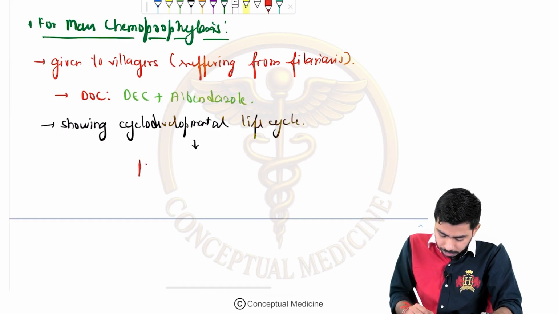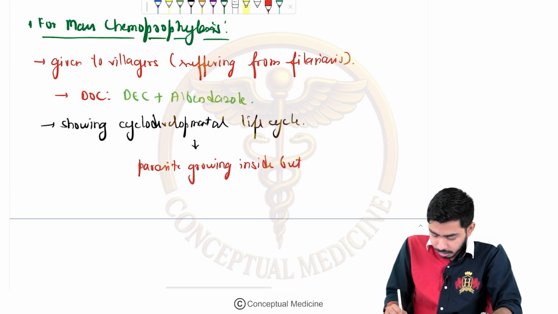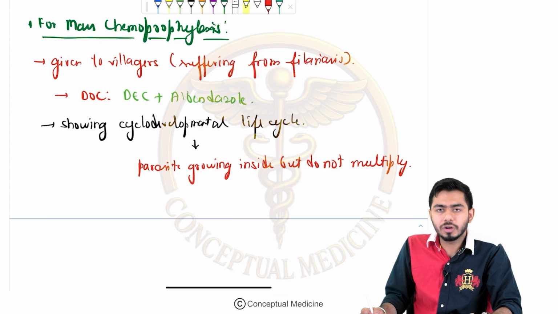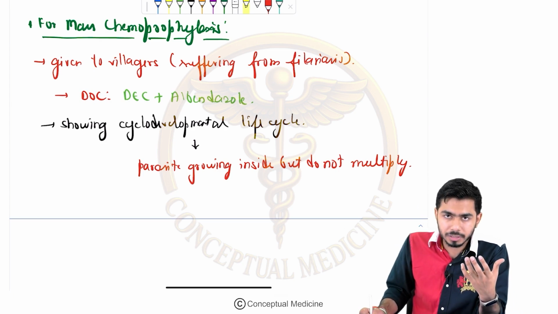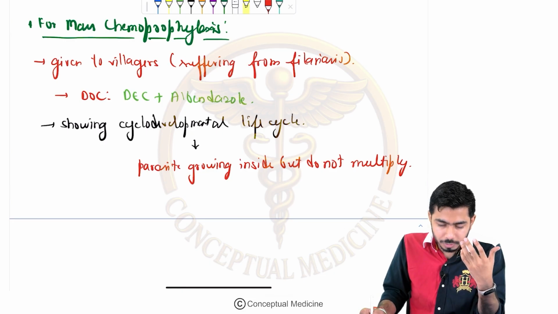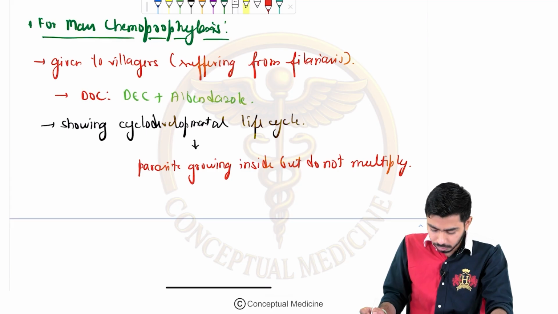So the parasite grows inside the human, but does not multiply. That is the cyclodevelopmental life cycle it will be following.